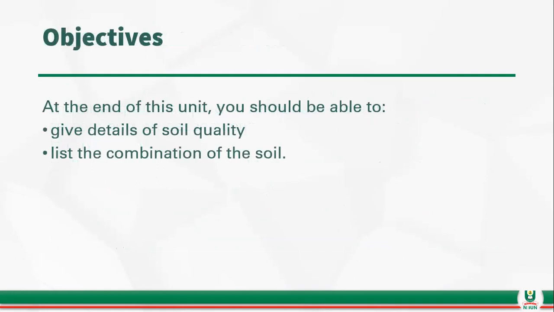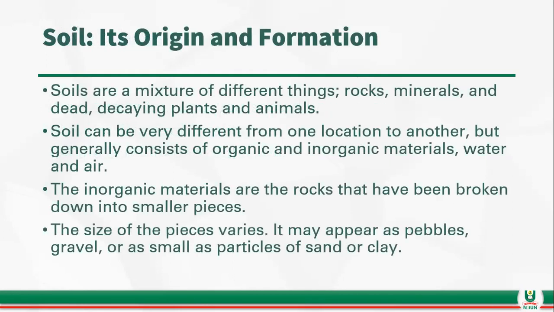Now, the objective of this facilitation today is that at the end of studying this unit, you should be able to understand soil quality as well as the combinations of soil.